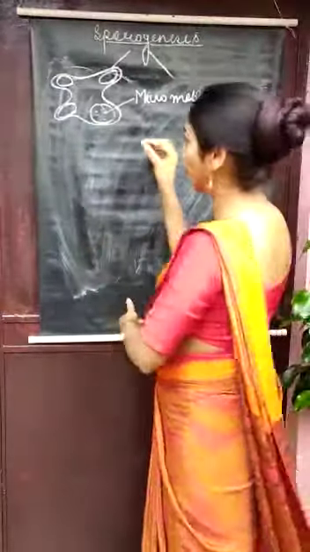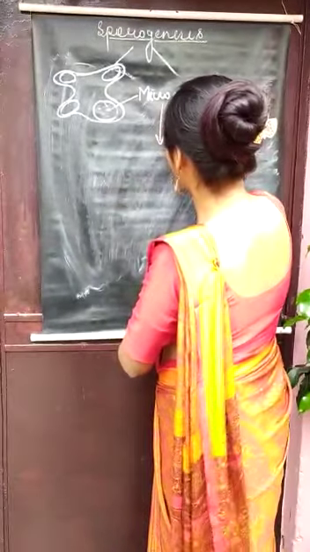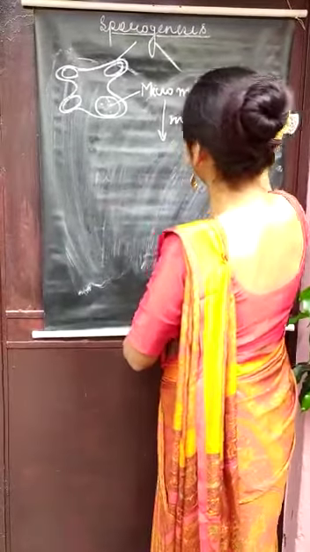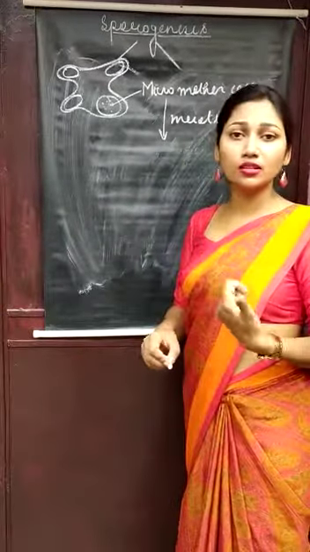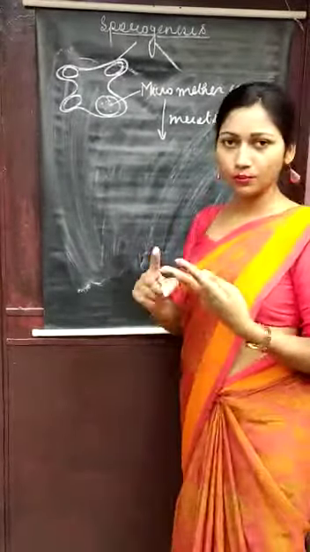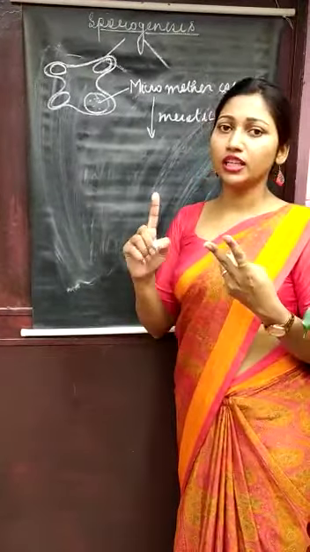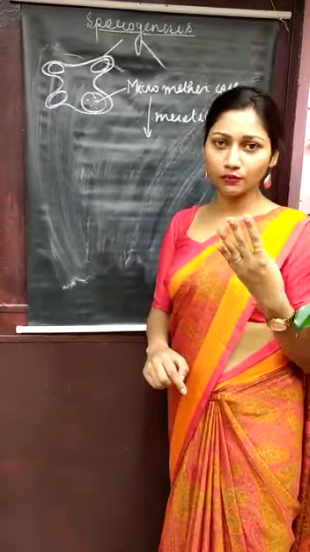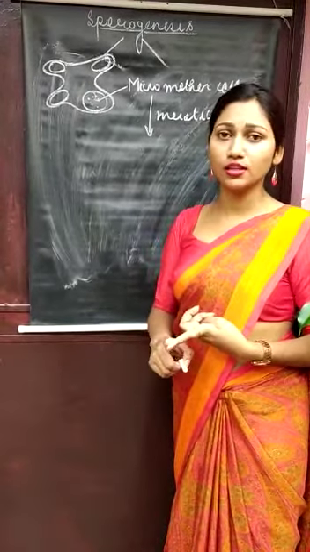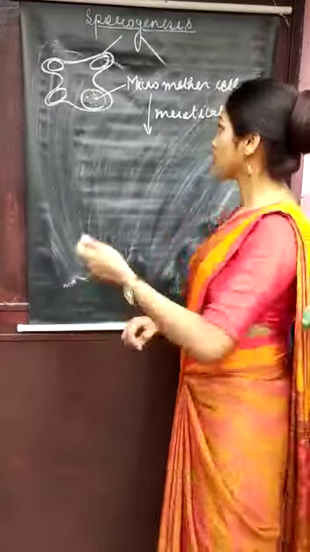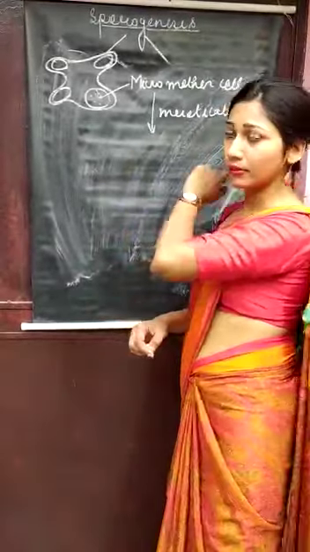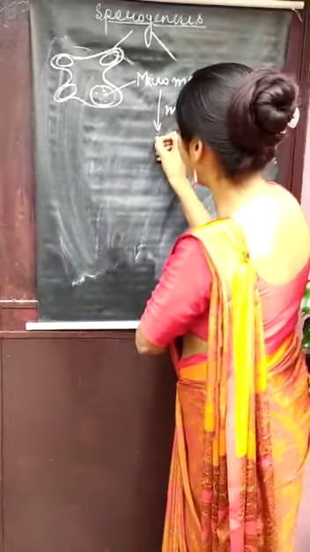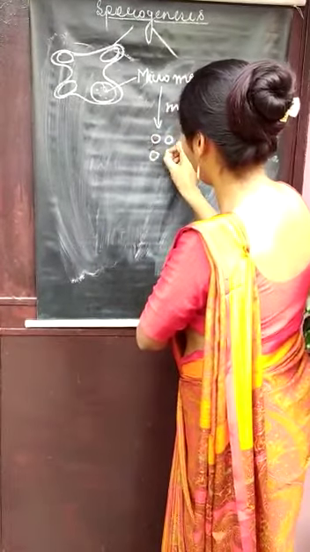These microspore mother cells divide meiotically. Meiotically means meiosis occurs. There are two terms, meiosis and mitosis. In the process of meiosis, after division, 4 cells are formed, and in case of mitosis, only 2 cells will form. So here, meiotic division occurs, and after it 4 cells will form.